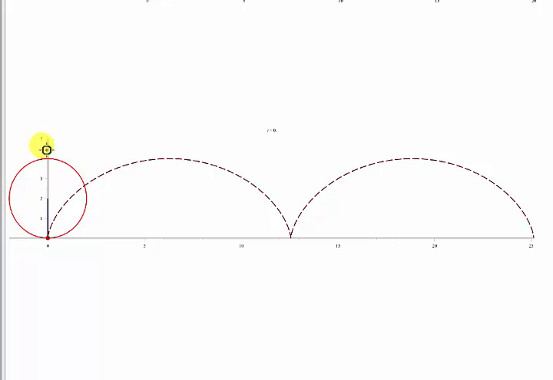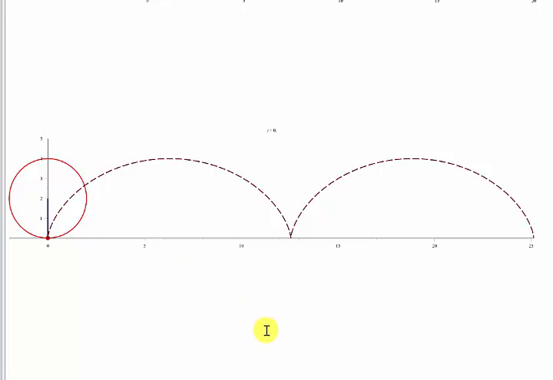When the tire moves on the flat ground, and you want to look at the trace of this red dot, we are going to figure out the equation of this trace.